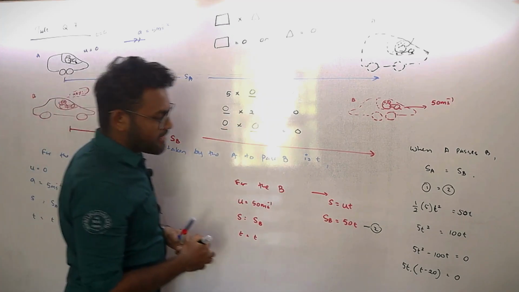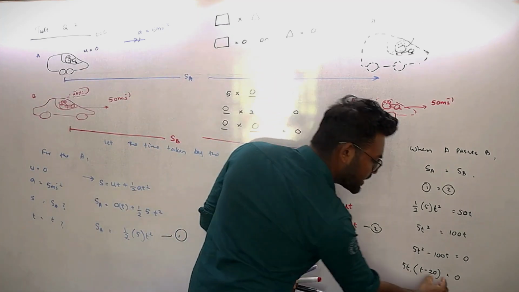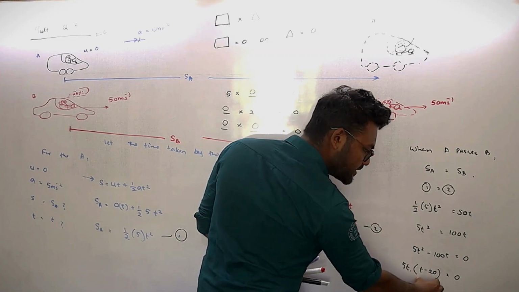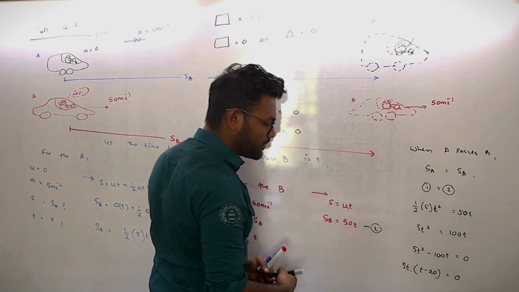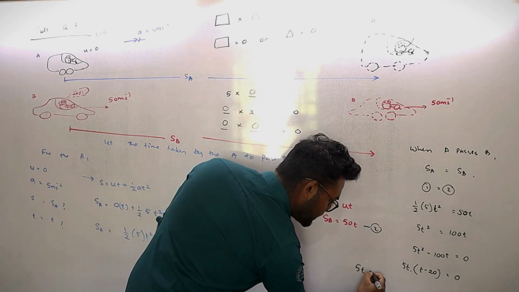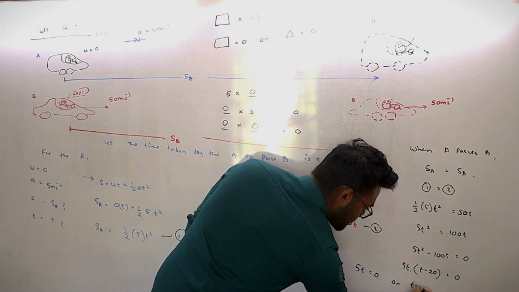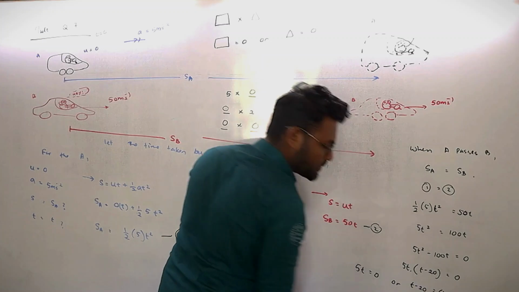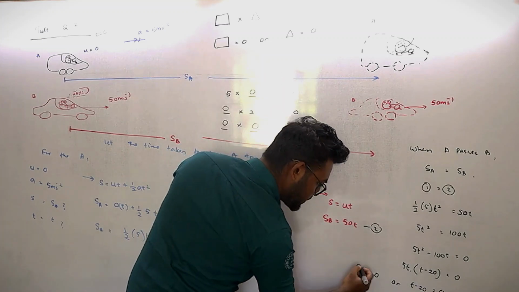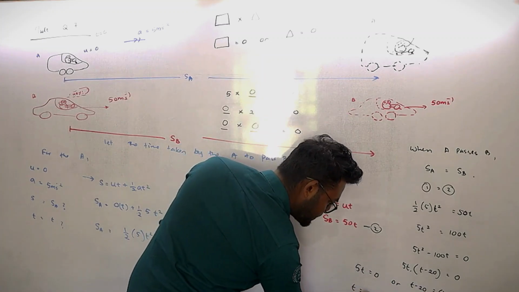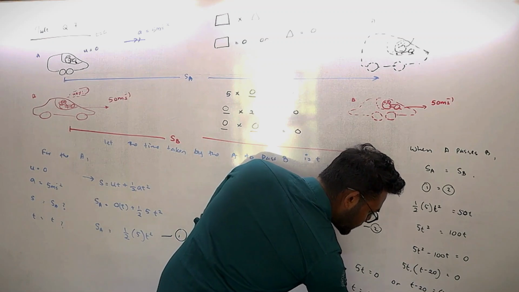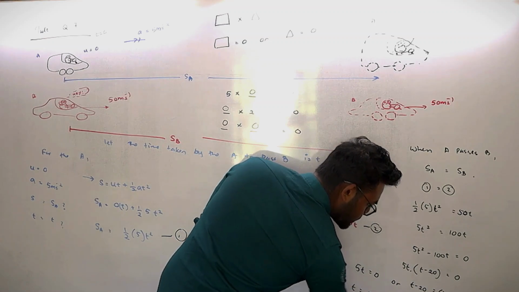Likewise, we can say here we can have a product, this 5t with this entire thing with the bracket to be 0. So I could write 5t equals 0 or the other thing, t minus 20 has to be equal to 0. Which means I could divide this 0 by 5. So t equals 0 or t equals 20 seconds.